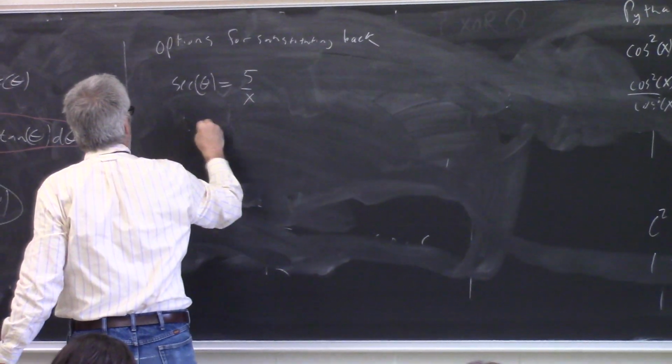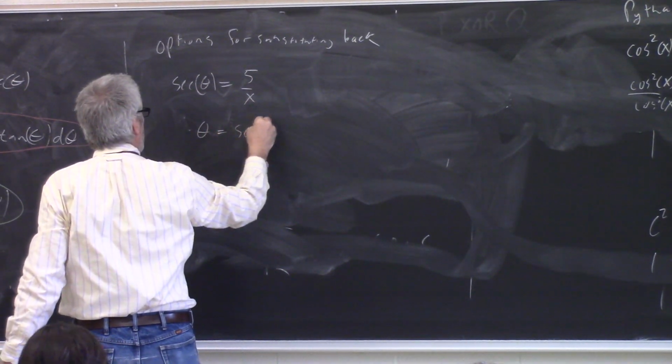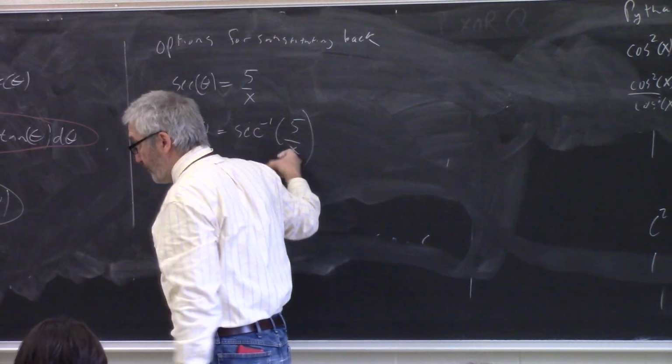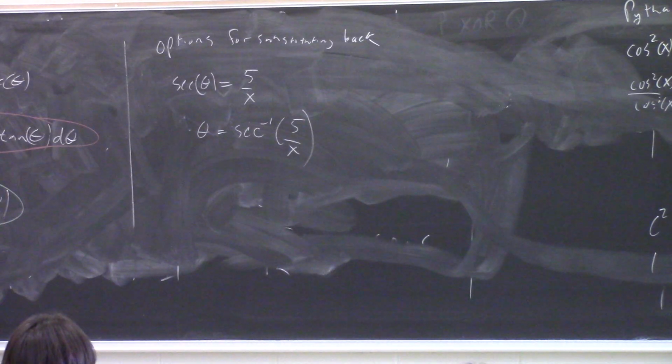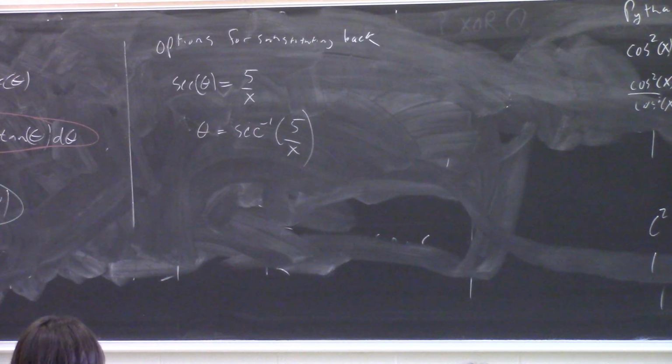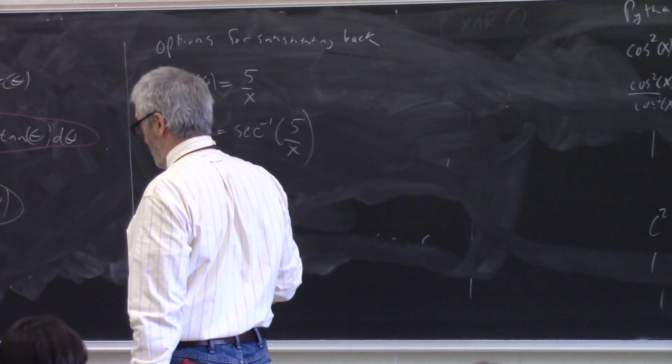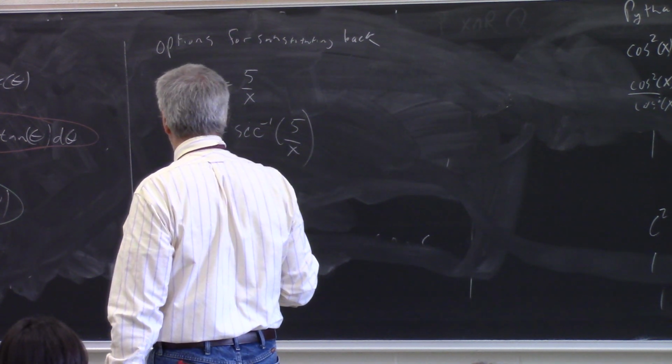So that means that theta is secant inverse of 5 over x. So I could put that here. That is what's going to go here. I could put that there. Theta is cosine inverse of 5 over x. So it would be secant inverse of x over 5.